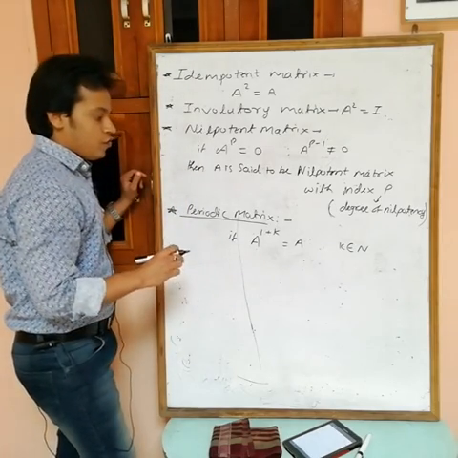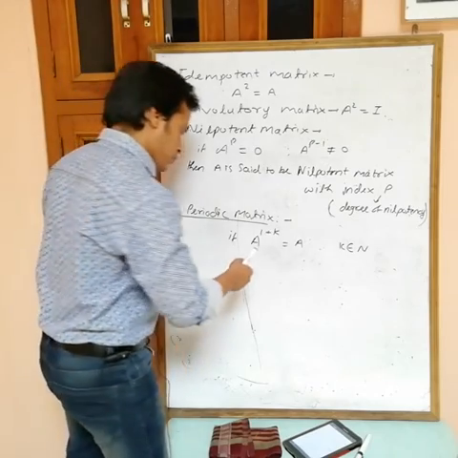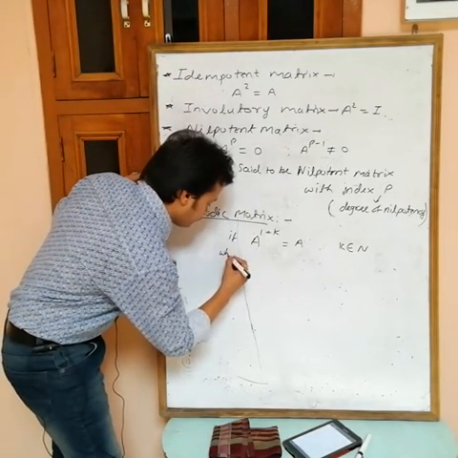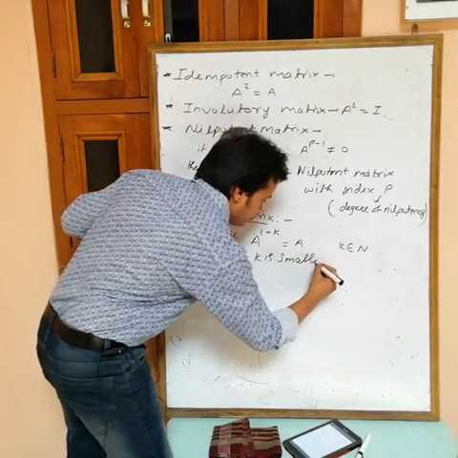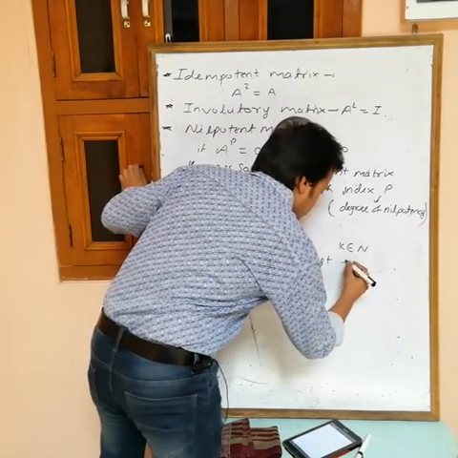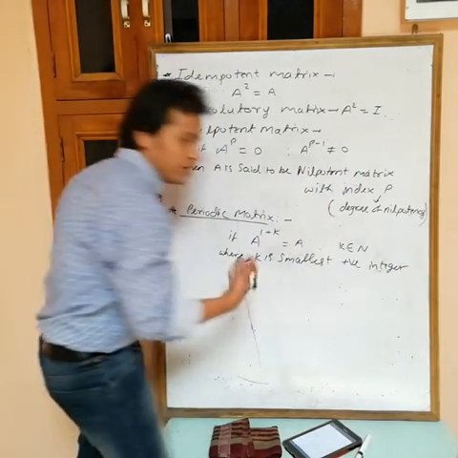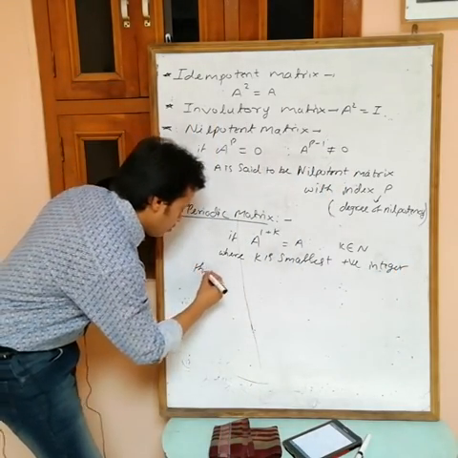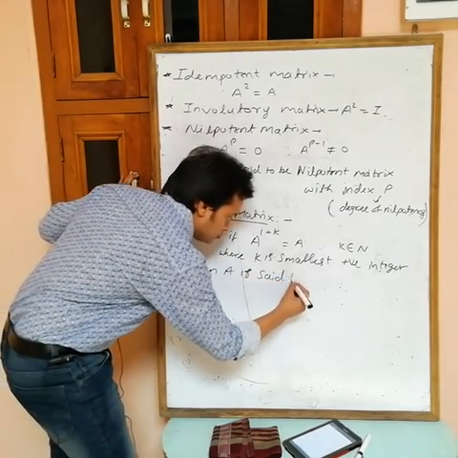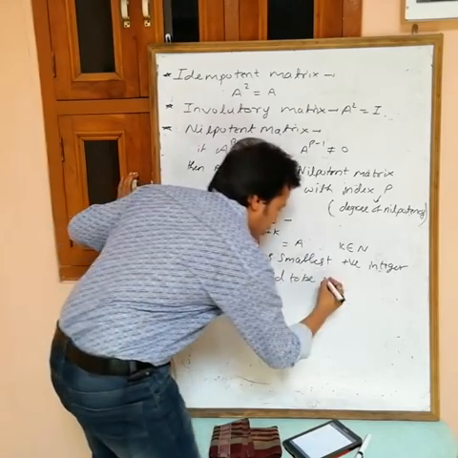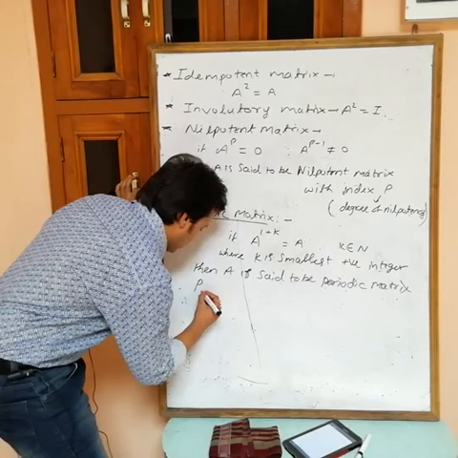and also where k is the smallest possible positive integer, then A is said to be a periodic matrix with period k.